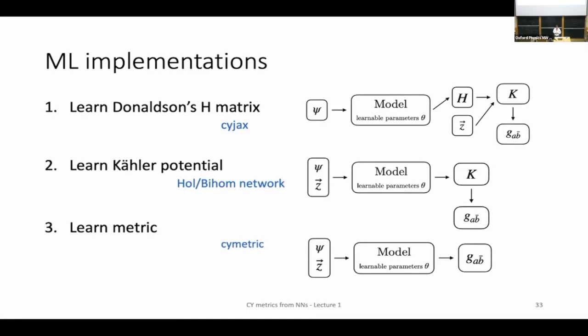In CY-JAX, the focus is on learning the Kähler potential, and also the balanced metric H, the Hermitian matrix H that goes into constructing the Kähler potential using the spectral basis.